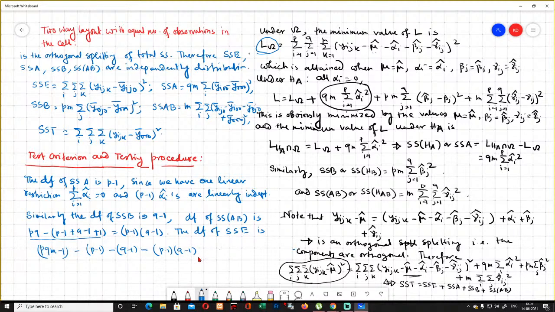Okay, so after simplification we get PQ into m minus 1, which is the error degrees of freedom, and this is positive because we consider more than one observation per cell, that means m should be greater than 1.